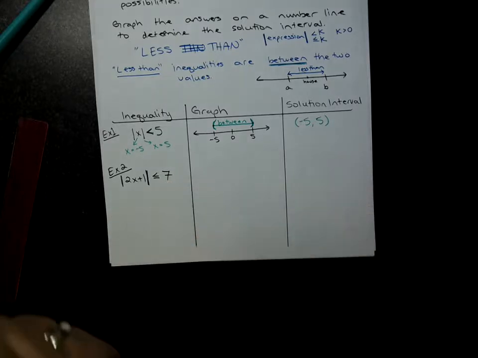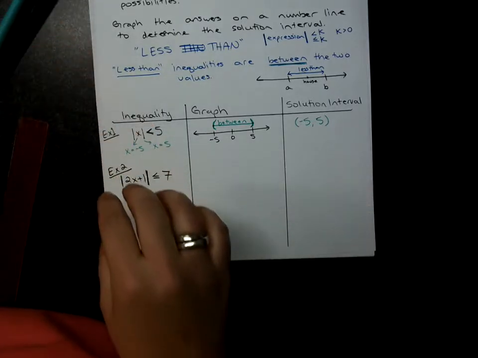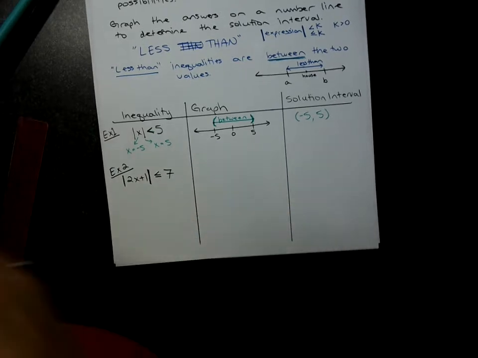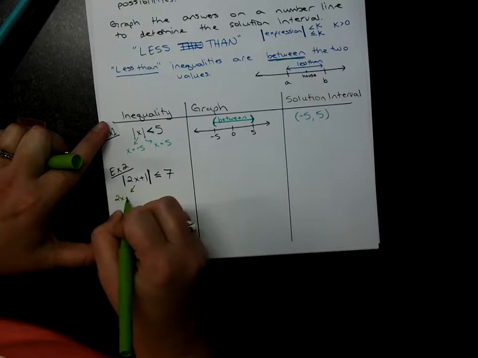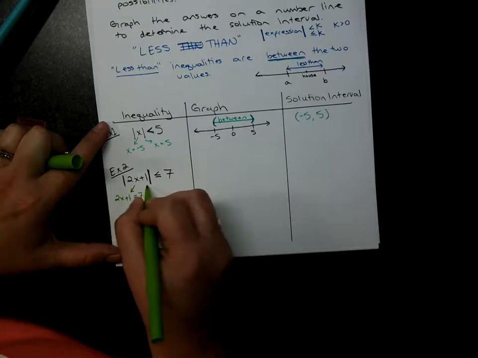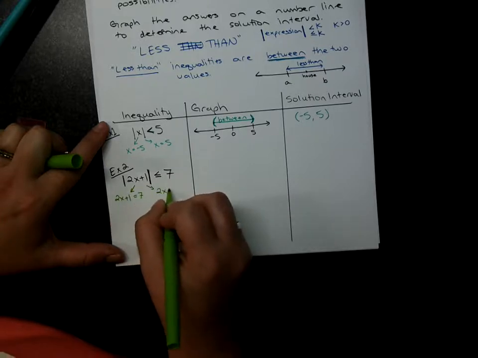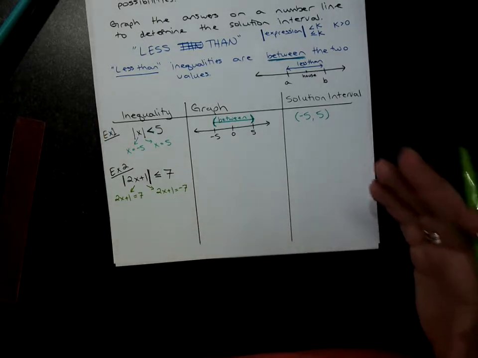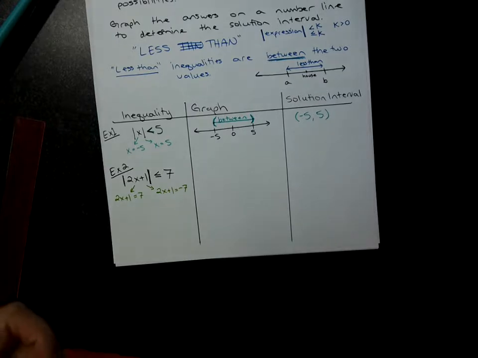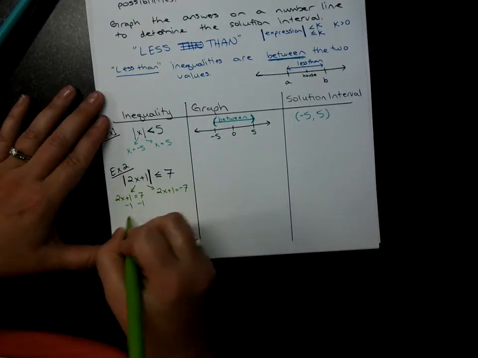We're going to set this up again just like the equation. And so you have two options. The expression inside, 2x plus 1, is either equal to +7 or 2x plus 1 is equal to -7. You set that up just like the equations. You have your two options. Then you solve for x.